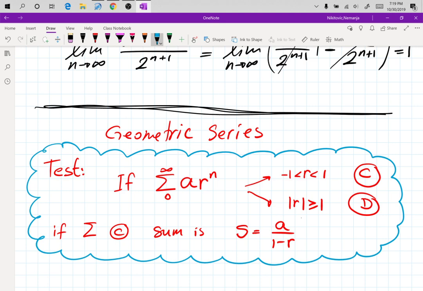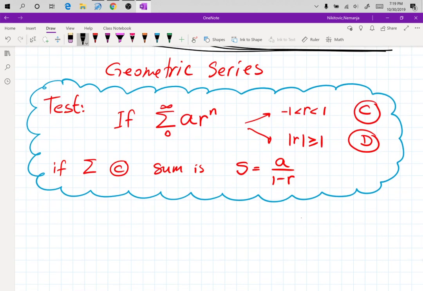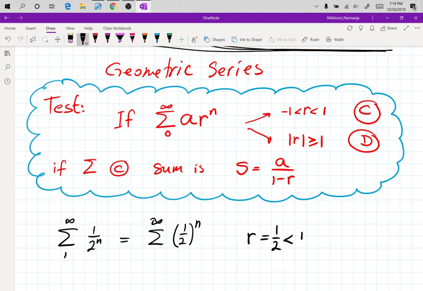Now, I am going to redo the problem we just did, summation 1 to infinity of 1 over 2 to the n. I am going to rewrite this as a summation of (1/2) to the n because I can. I'm going to say that r is equal to 1/2, which is less than 1, it converges, and walk away.